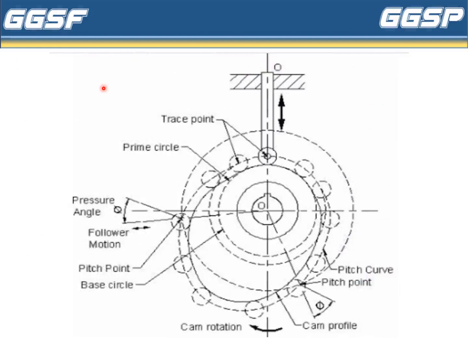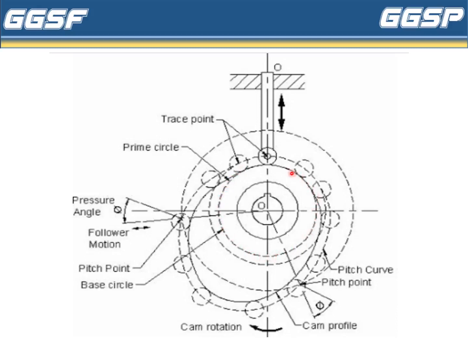Let us see various terminologies in the cam profile. So the first one is a base circle. Now if you observe, अगर आप देखते होगे, this is a cam profile. Now this first point is called a base circle.